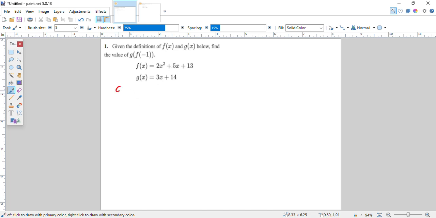So originally we would have said g of, and we would have replaced it with this, 2x squared plus 5x plus 13, is equal to, and wherever we saw x, we would have replaced it with what we just put in parentheses. So 3 times (2x squared plus 5x plus 13), and then all plus 14.